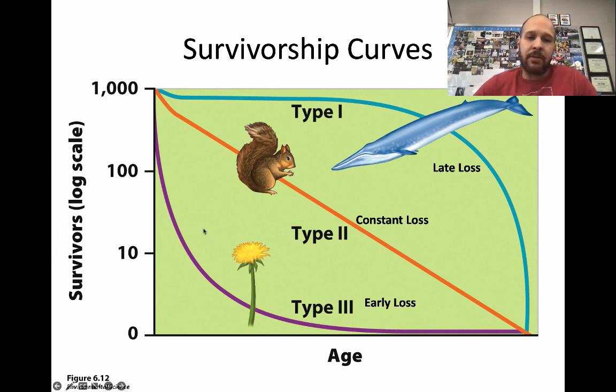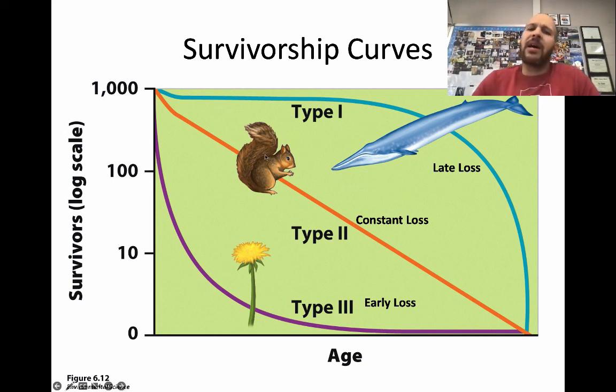Small animals or plants, or weeds, you would see a lot of them die off very quickly. So think of bugs or weeds. A lot of things work against the survival of bugs and weeds. A lot of things are trying to kill them off. Very few of them make it to a late age.